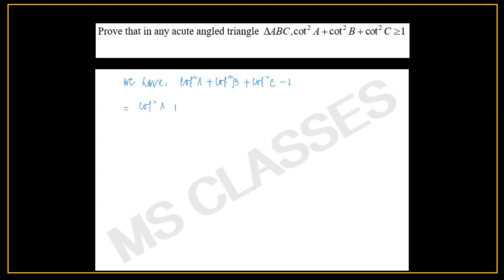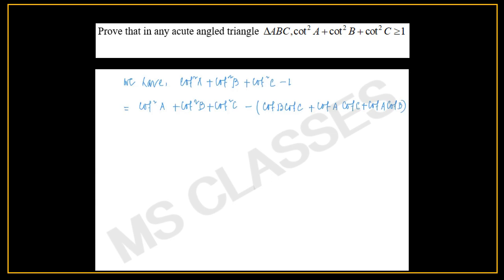So cot square A plus cot square B plus cot square C minus cot B cot C plus cot A cot C plus cot A cot B. Now here we try to apply the complete square method.